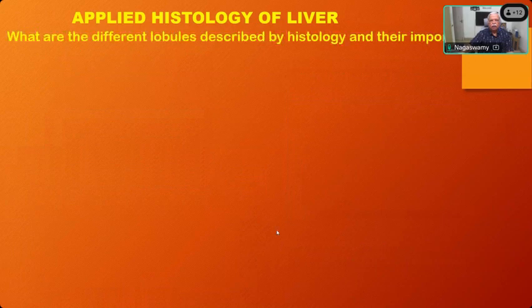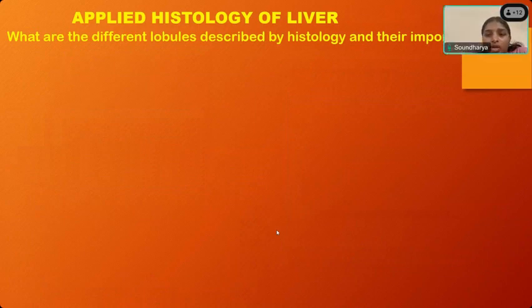Now applied histology. What are the different lobules described by histology and what is their importance? How many lobules or groups of cells are described in histology? Hexagonal.